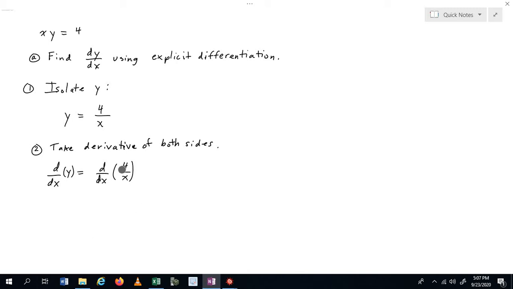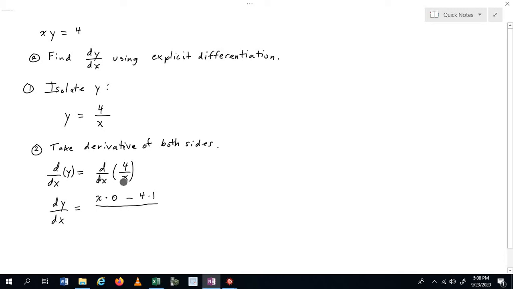Okay, so let's find the derivative of this 4 over x. Okay, to do that, we're going to have to use the quotient rule. And remember, the quotient rule says take the low and multiply it by the derivative of the high, minus the high times the derivative of the low, divided by the low times the low. Okay, so take the low times the derivative of the high, which of course is 0, since that's a constant, minus the high, which is 4, and then the derivative of the low with respect to x would be 1.